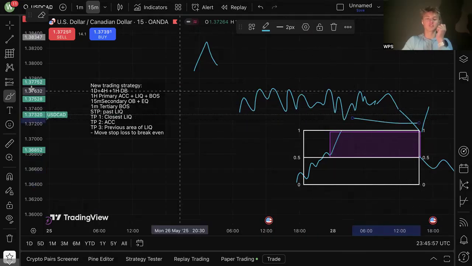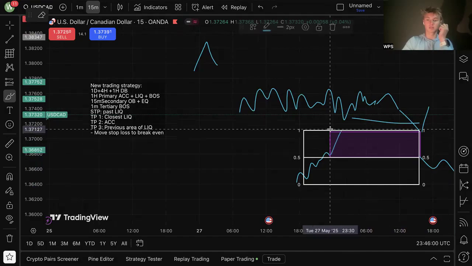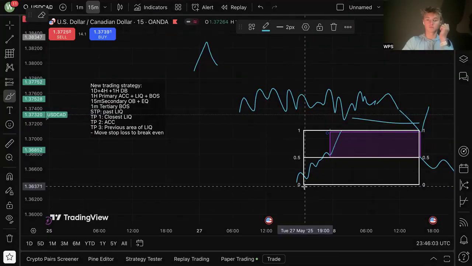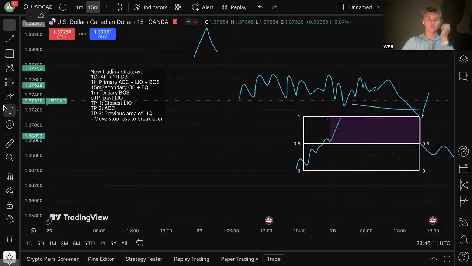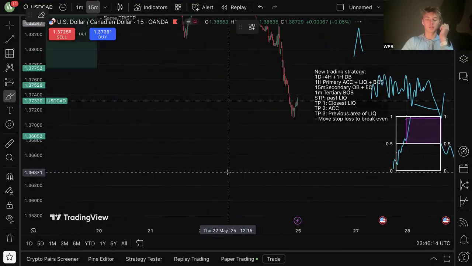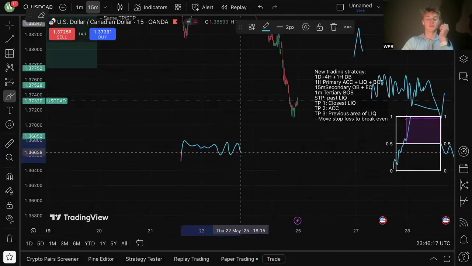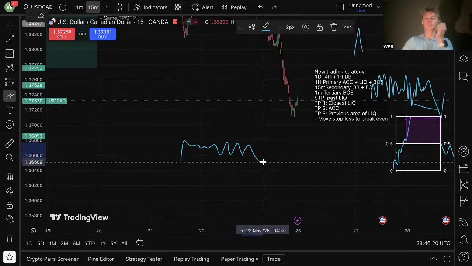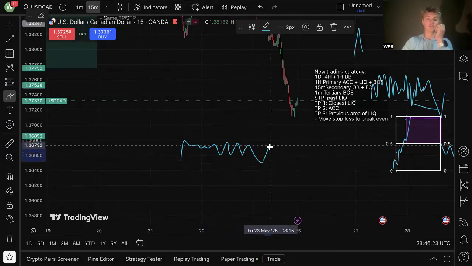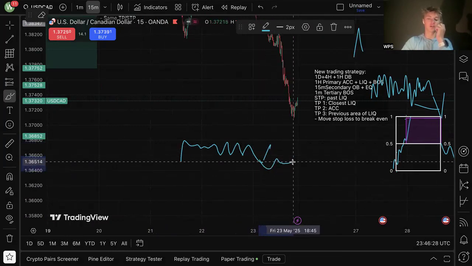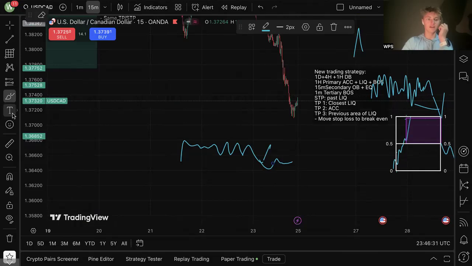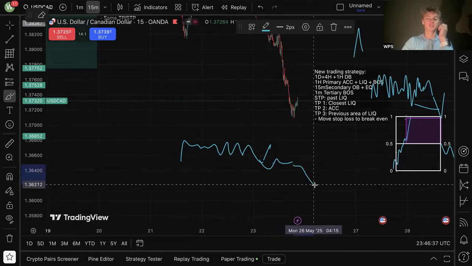If this is the trade I'm taking, there's an accumulation area, and then one liquidity sweep that broke structure to the downside, and then it re-entered this order block here, with a re-entry off of a liquidity sweep, and as long as it was within equilibrium, it broke structure to the downside.